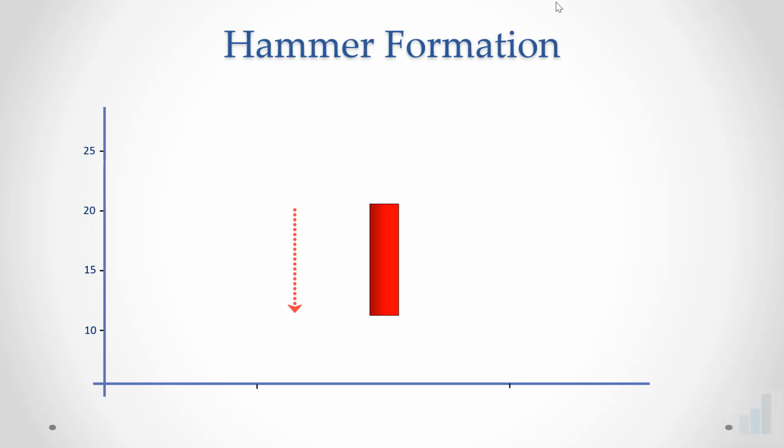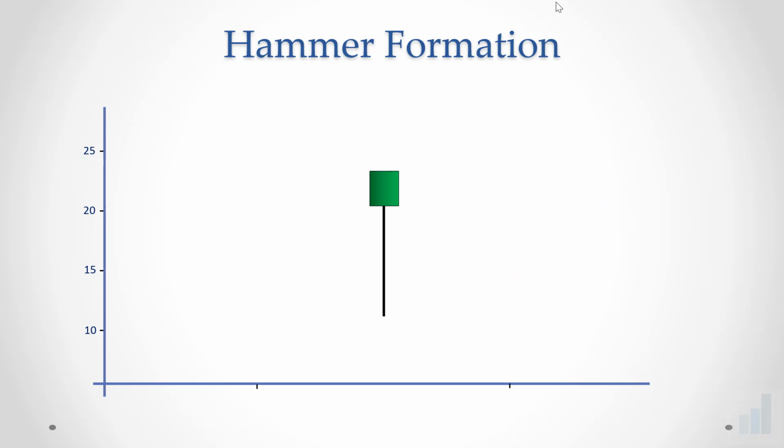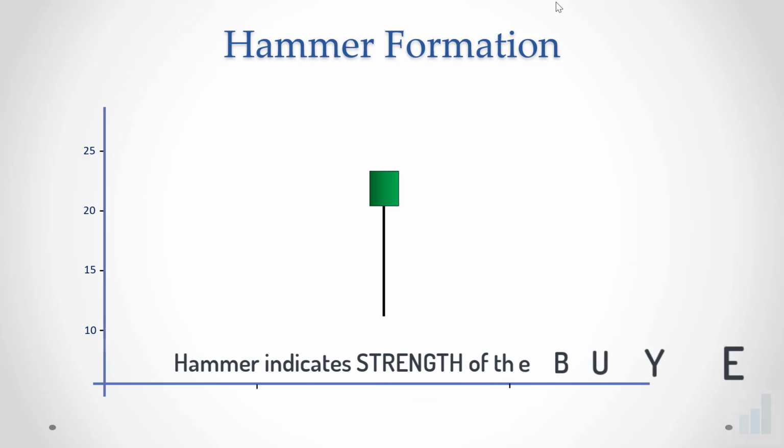Now, at this level, the buyers got really strong, and somehow they managed to take the price back to the 20 level. What this means is that the buyers were so strong that they were able to overcome all the selling pressure that initially pushed the price down. So, the hammer candle pattern tells you about the strength of the buyers during that specific session.